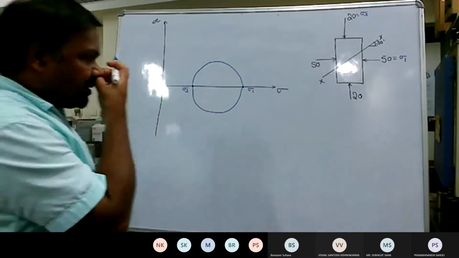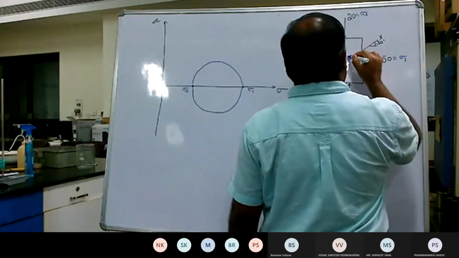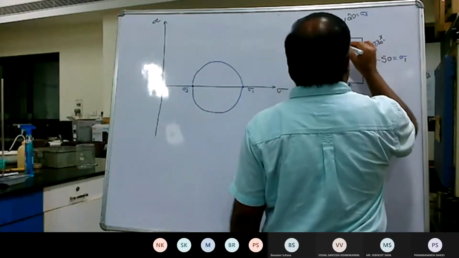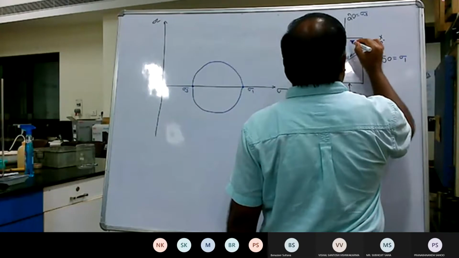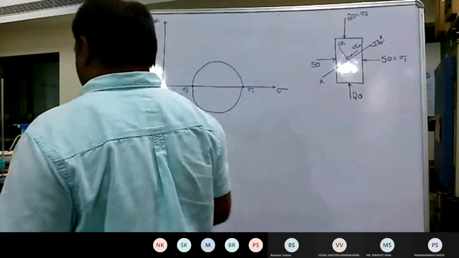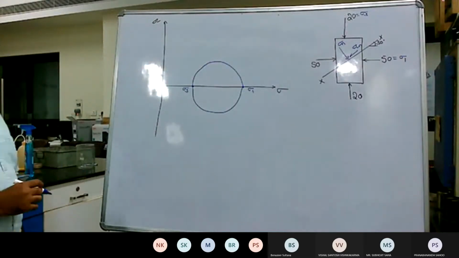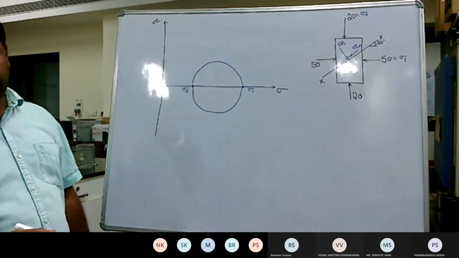Then find the stresses acting on the plane, sigma n and tau n. What are the normal stress and the shear stress acting on the plane XX?